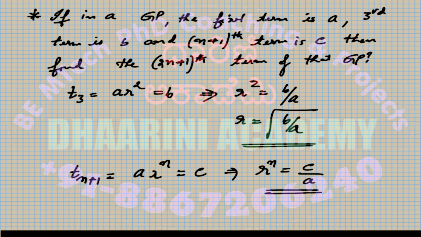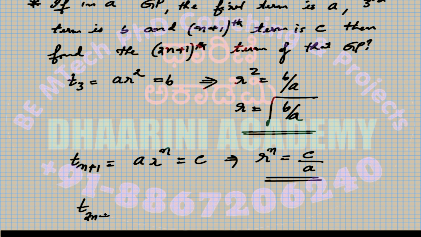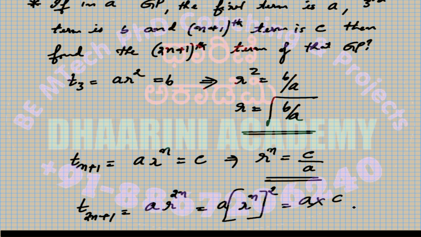Now let us try to write what they have asked. They have asked T 2n plus 1, correct? So T 2n plus 1 is A into R to the power 2n, correct? So this is A into R to the power n to the power 2. So A into, what is R to the n? Just now we have written it is C by A, correct?